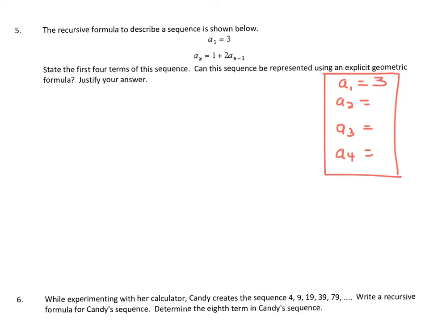All right, so now we want to find a sub 2. So we're going to use this rule to help us find the second term. So if we want to find a sub 2, I'm replacing this n right here with a 2. So let's write a sub 2. Now if I replace this n with a 2, I also have to replace this n with a 2.